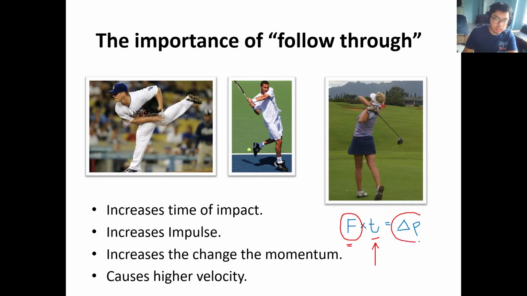That will cause the change in momentum to increase as well. The ball begins to move with a larger momentum, so it's becoming faster. Increasing the time will increase the impulse and also the change in momentum. And because the change in momentum increases, it causes a higher velocity. So the ball is faster.